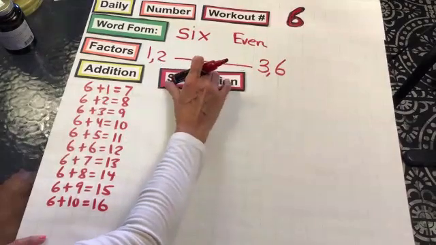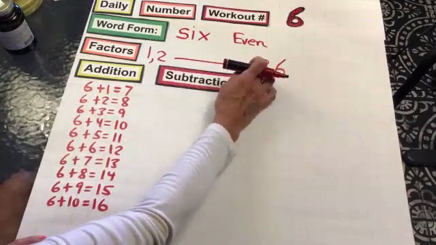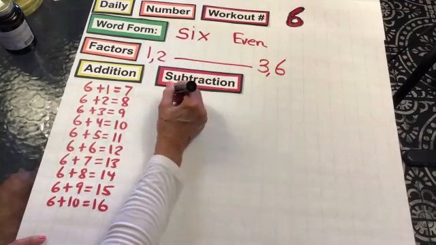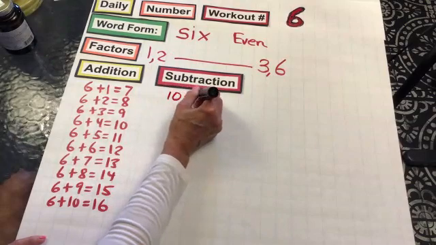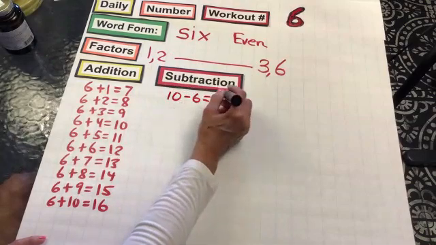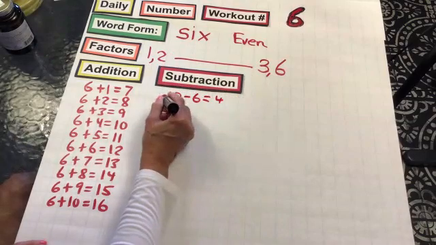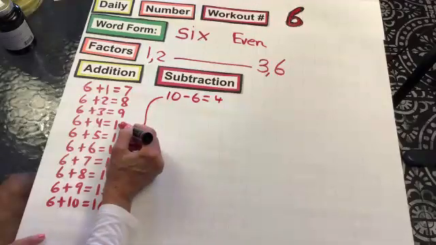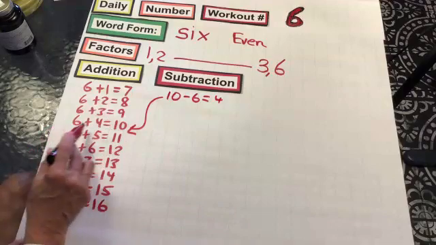All right, subtraction. We're going to do subtraction from 10. We'll be moving that up as the numbers get bigger, but right now we're just doing 10. So 10 minus 6 equals 4, and we can actually find it right here. So when we find the 10, we can see that 6 and 4 equals 10.